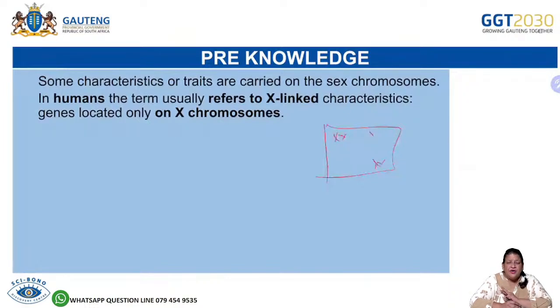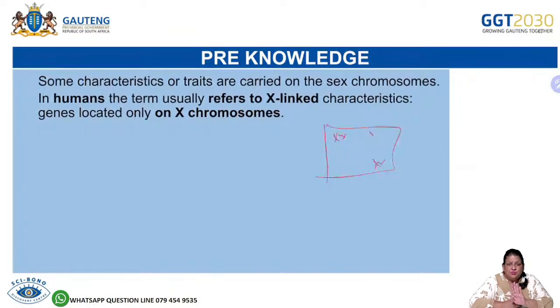And you know that a sex-linked disease is when there's a gene mutation on the X chromosome of the 23rd pair. Again, a gene mutation on the X chromosome of the 23rd pair. And what do we call the 23rd pair? Gonosomes. And that gene mutation always occurs on an X chromosome, not a Y, because the Y chromosome is too small to have mutations and to have alleles and genes.